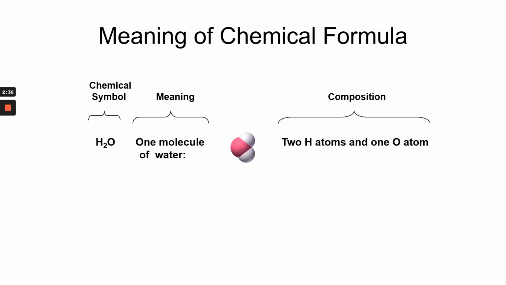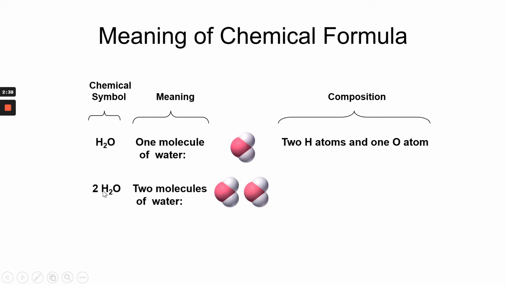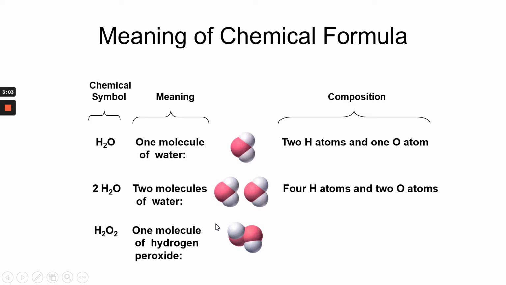In the next example, I have two separate water molecules composed of a total of 4 hydrogens and 2 oxygens. And in the last example, well, look at this. This is one giant molecule composed of 2 hydrogens and 2 oxygens. So we would call that H2O2. There's one of them, and that molecule is called hydrogen peroxide.